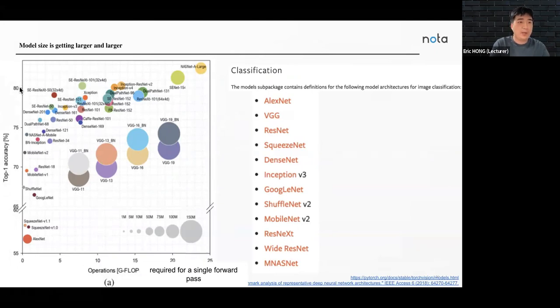And the y-axis represents the top-one accuracy, which is higher, the better. You can see that with the same accuracy, it's more recommended to use the lower flops model. With the same accuracy, it would be better for us to use this one rather than this one.